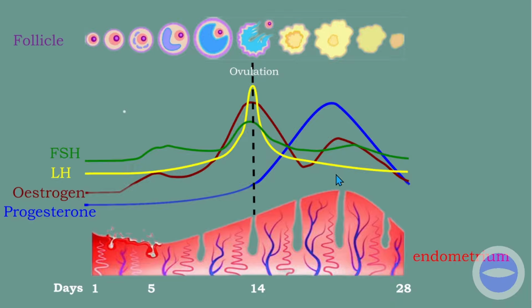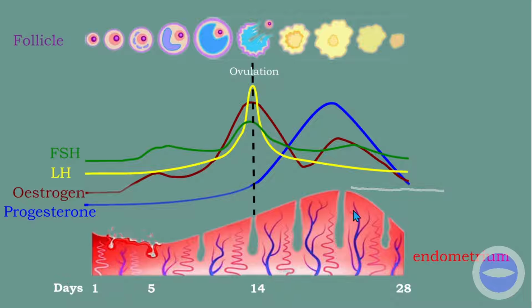As it shrinks, it stops releasing progesterone, so the level of progesterone is going down. As the level of progesterone goes down, the endometrium is no longer being nourished, and it is also going down. But if fertilization has taken place, the level of progesterone will not go down, it will go straight like this, and the endometrium will also remain straight like this.